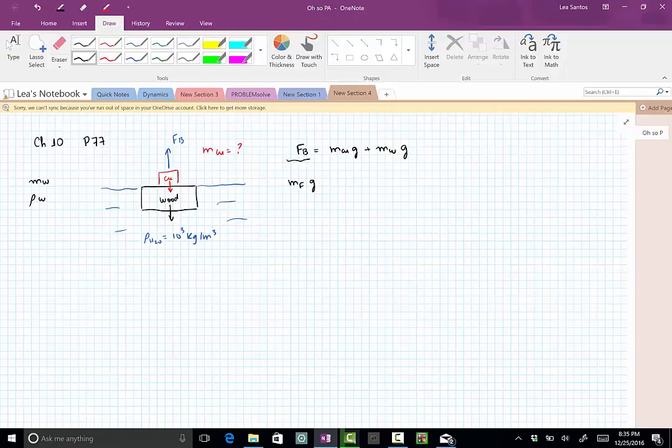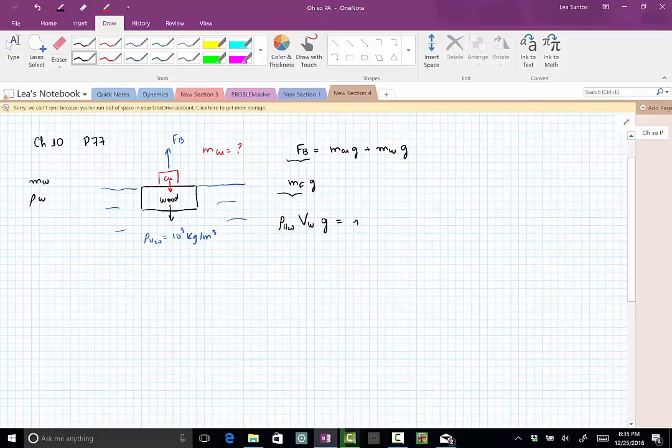Okay, so I can rewrite this mass of the fluid. I don't know what this value is, but I can rewrite it in terms of the density and volume. So this is the density of water, which we know, multiplied by the whole volume of the piece of wood. Okay, this is multiplied by g.